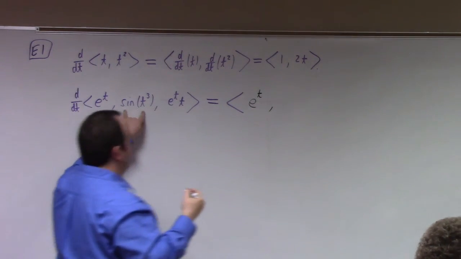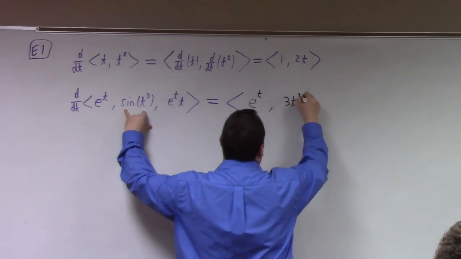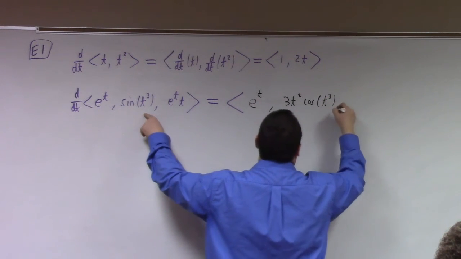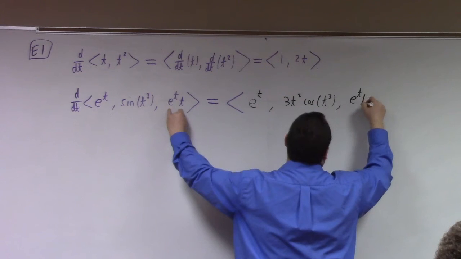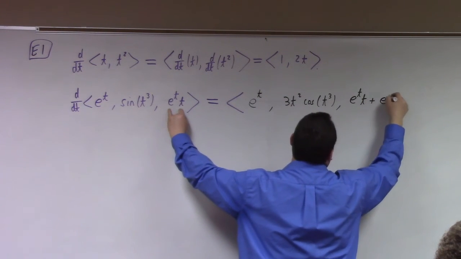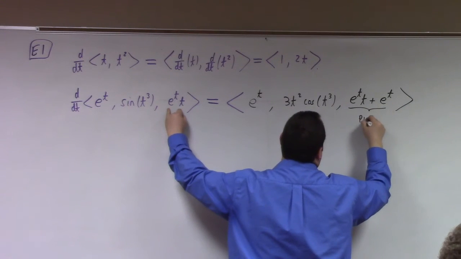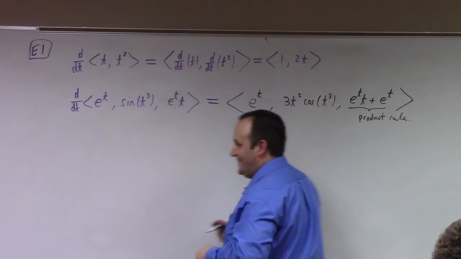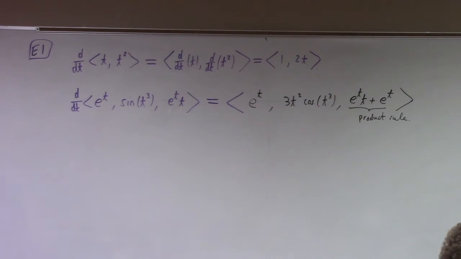The derivative of sine t cubed is 3t squared cosine t cubed. This is e to the t times t plus e to the t, by the product rule, which, if history is any guide, 1/3 of you don't know at the moment.